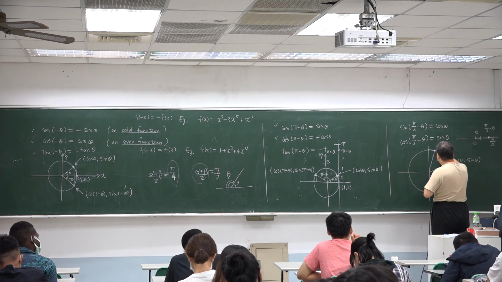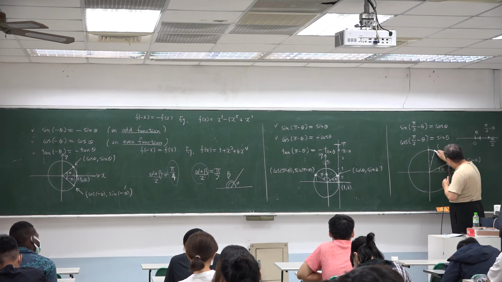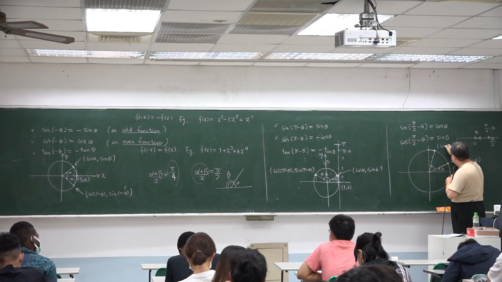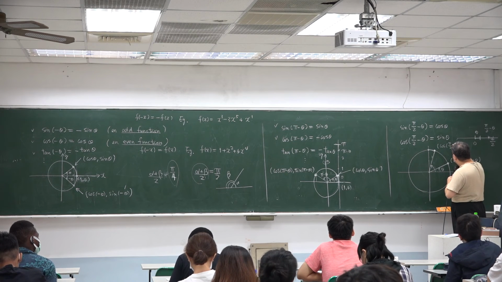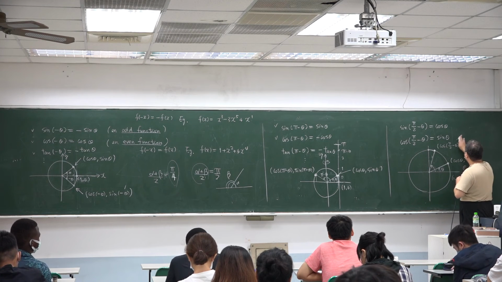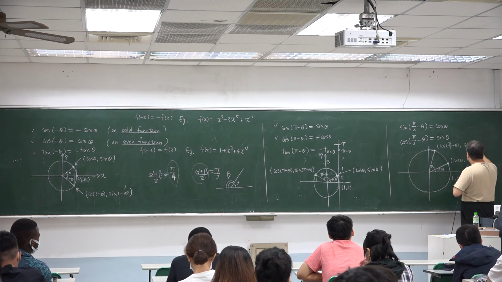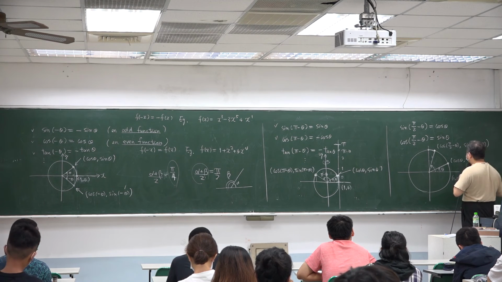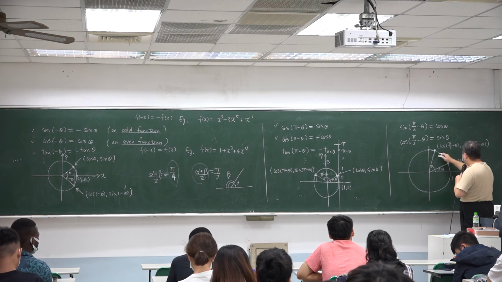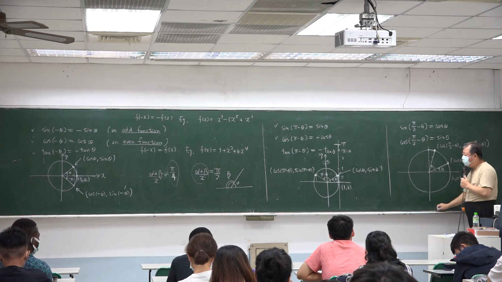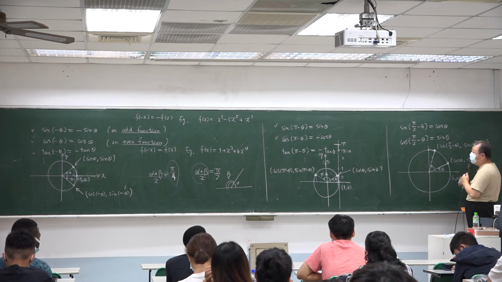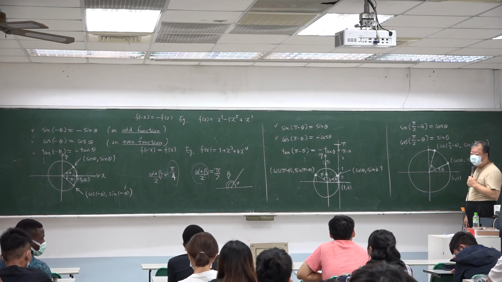The coordinates of this point can be expressed in terms of this one, half pi minus theta. And the coordinates of this point and this point have a relation. What relation? Interchange these two coordinates and we get the other one. Okay?